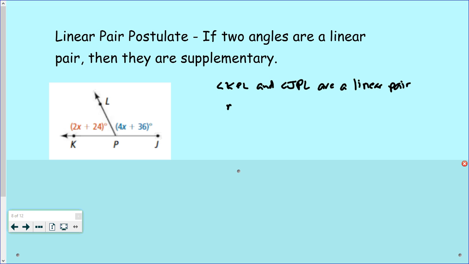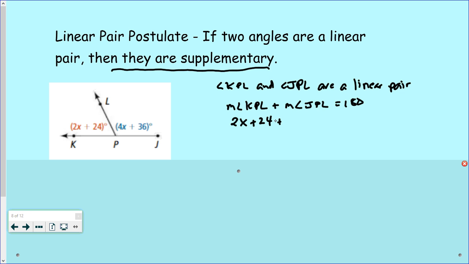So that means the measure of angle KPL plus the measure of angle JPL would equal 180 degrees. Because if they're a linear pair, they have to be supplementary. KPL is 2x plus 24. JPL is 4x plus 36.